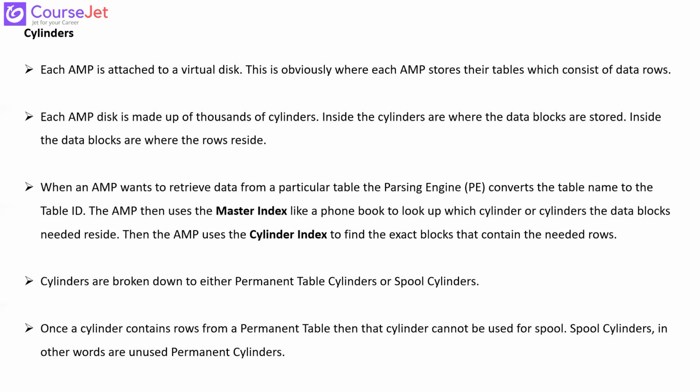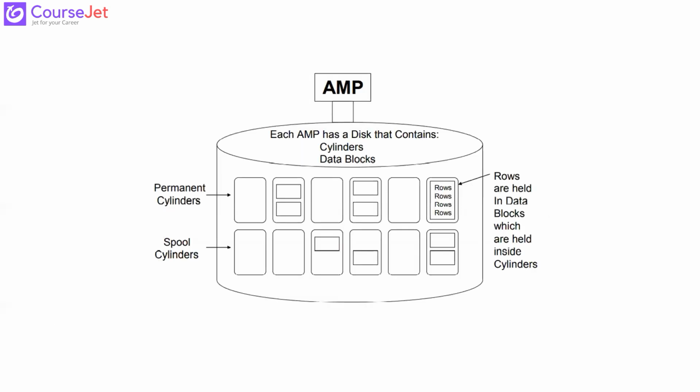Let me show you here. This is a representation of how things are inside. We know this contains the cylinders and data blocks, and this is an example of how the rows are written inside a data block.